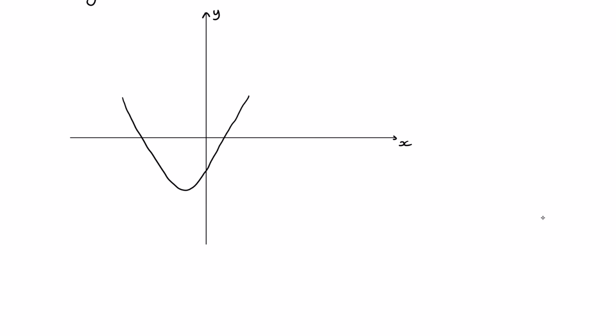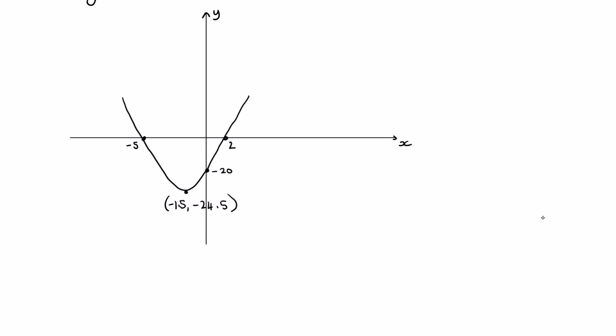So that looks like a 2. That's a minus 5. That is minus 20. And that is minus 1.5 and minus 24.5. So it has to be a bit lower.